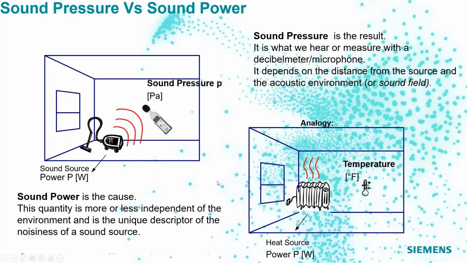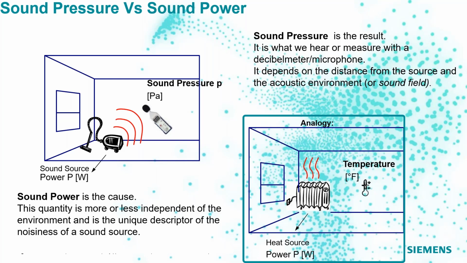And if we compare that to the picture on the right-hand side of a thermostat or a heat source in the same room, similar to the microphone, we could use a thermometer and measure different temperatures throughout the room. And again, the closer we got to the heat source, the higher the temperature reading would be.